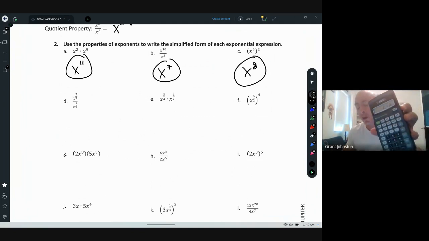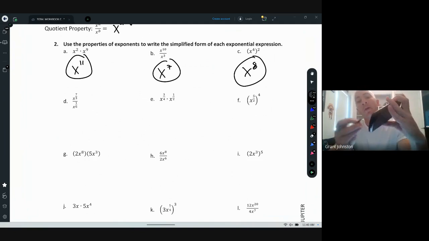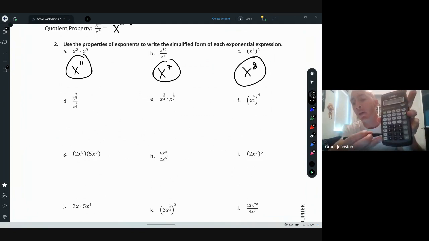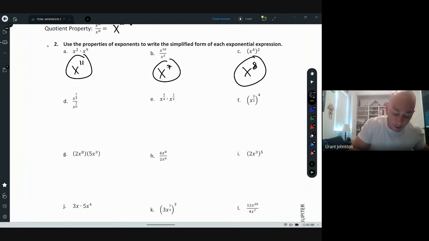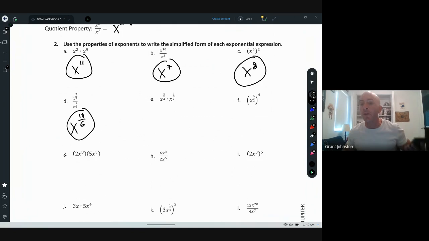But generally, we write these as improper fractions. So to convert this to an improper fraction, if you can see above the ABC in the kind of greenish color, there's a DC. So if I hit second ABC, it converts it to 13/6. So this is going to be x to the 13/6. So I just subtracted, using the calculator.